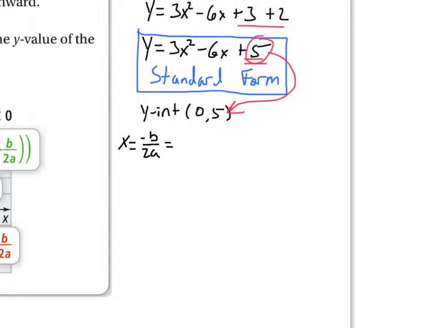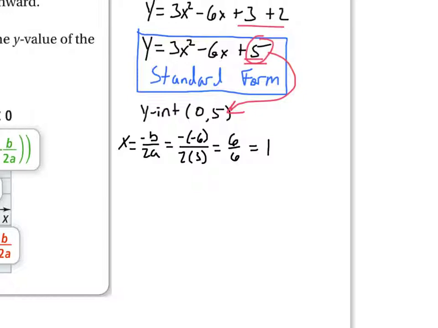Well, what's the b value in that standard form? Negative 6. Remember, it's ax squared plus bx plus c. So b is negative 6. So I've got negative 6 over 2 times, what's a? So that gives me 6 over 6 or 1. So the x-coordinate of our vertex is 1.